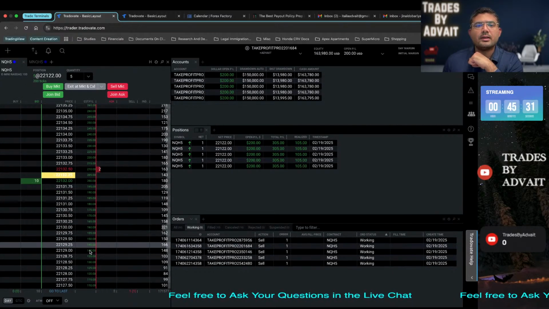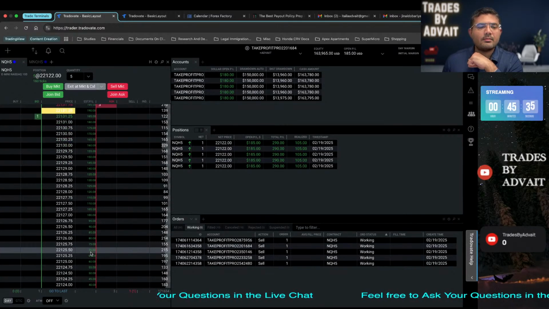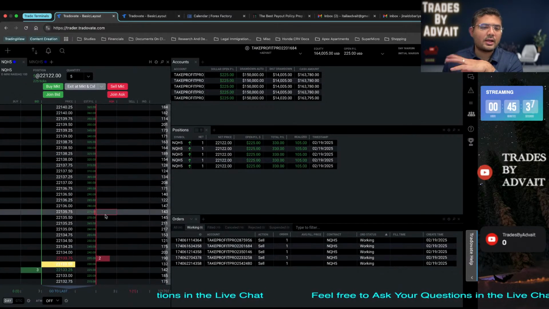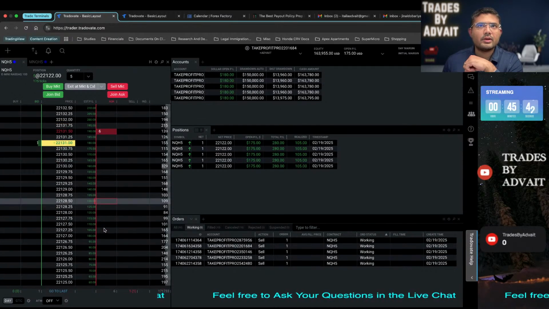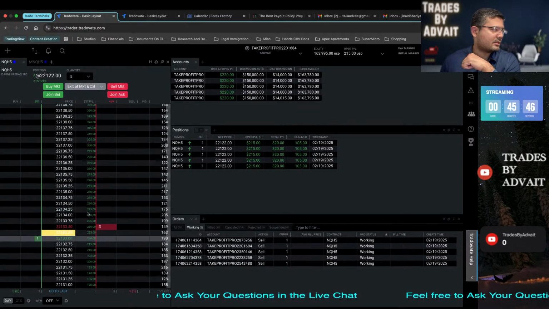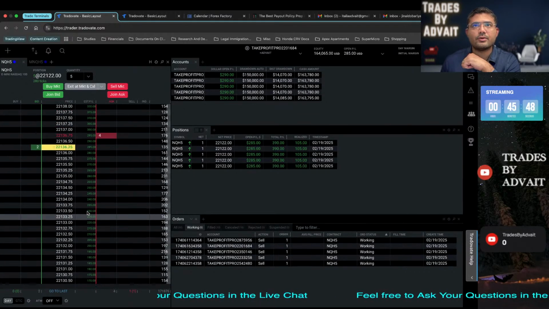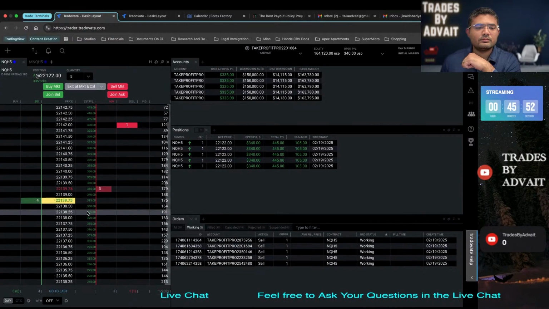Ideally, I would love to keep this position open, but the only reason why I'm capping out at 42 is because I see a heavy liquidity zone below this. So once this trade is done, I'll show you what I mean over here.